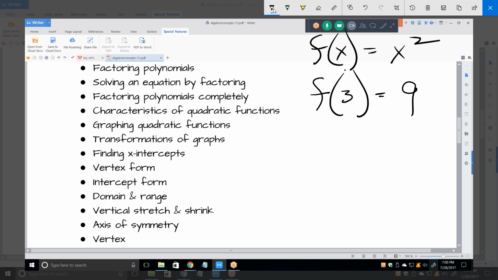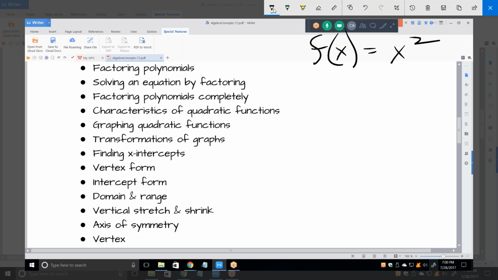Should not need a calculator for 3 squared. Remember that 3 squared is not 2 times 3. It's 3 times 3. Okay? All right. So that's one advantage of the f of x notation, it allows you to evaluate the function at some value of x.